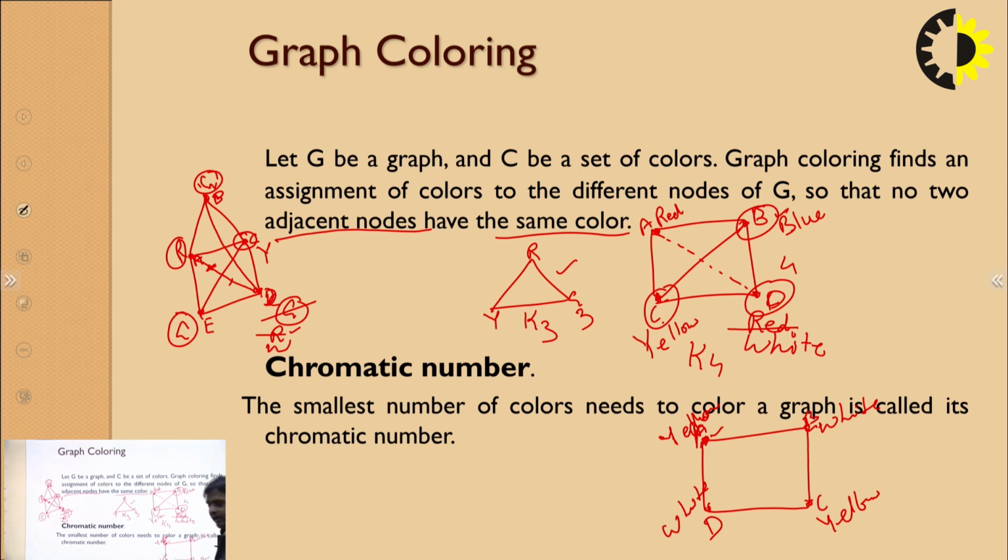Then this graph can be colored with exactly 2 colors. Then the chromatic number of this graph is 2.